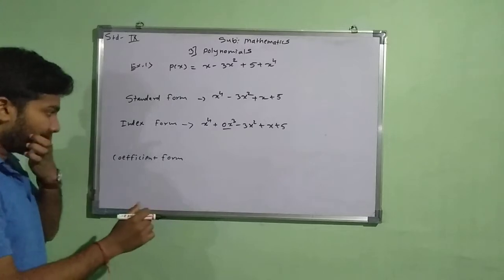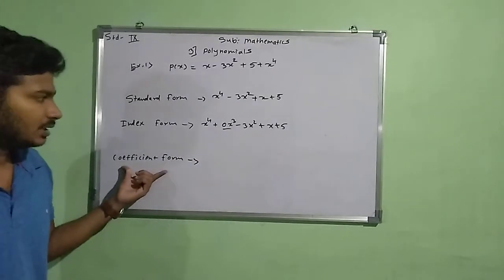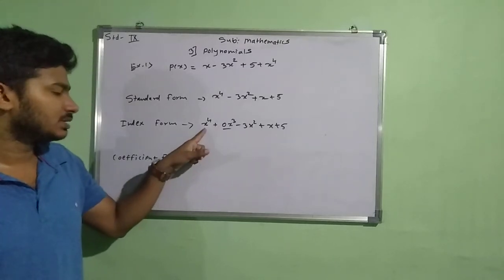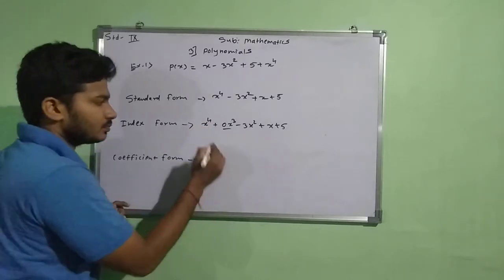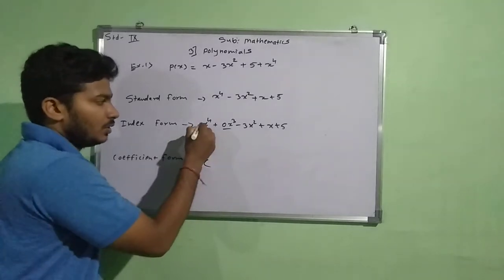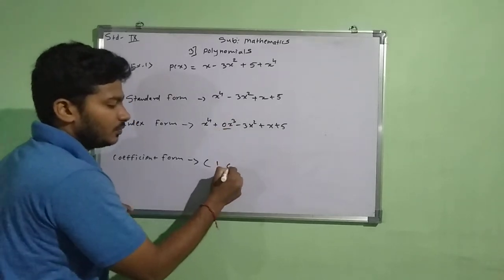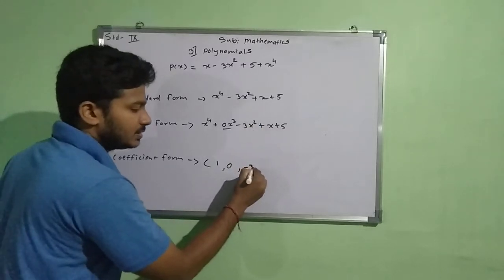Now we will see the coefficient form of that. You already know what a coefficient is. Coefficient means whatever is there with the variable. Here at the x raised to 4 we don't have anything, that means we have 1. With the cube term we have 0, that is what we have written. Now with the square term we have minus 3.